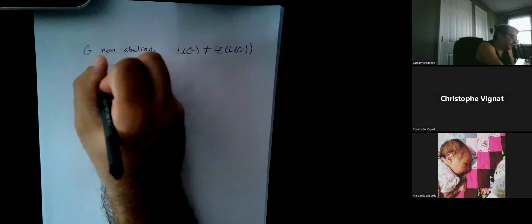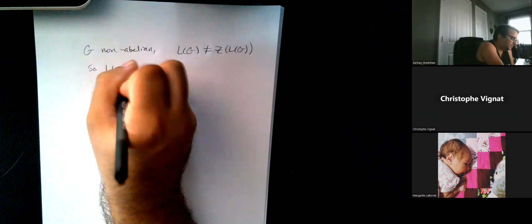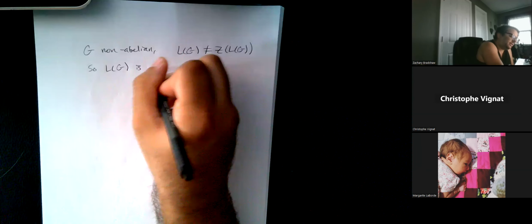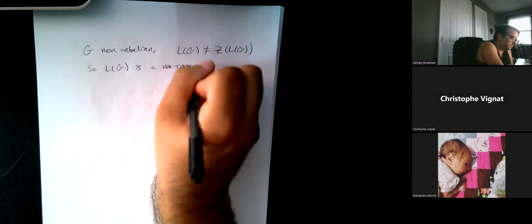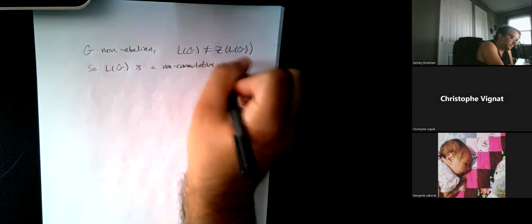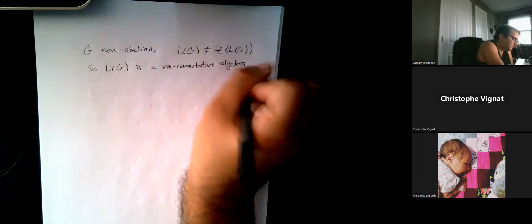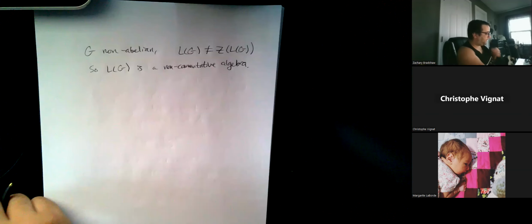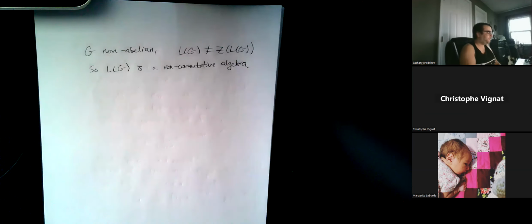So this means that L of G is a non-commutative algebra. A consequence of this is that we can't find a Fourier transform that turns convolution into a pointwise multiplication, because that pointwise multiplication itself is commutative. So we don't have a convolution theorem, and that's something that we would really like.